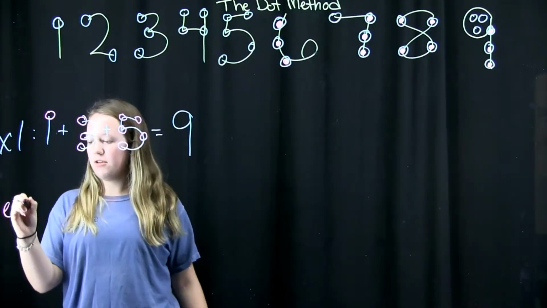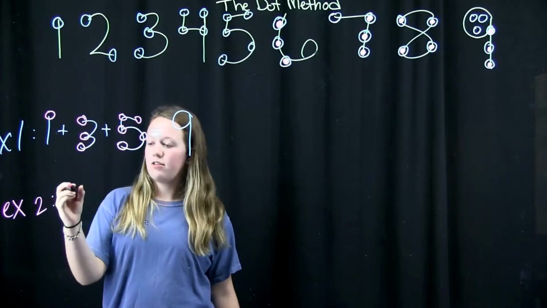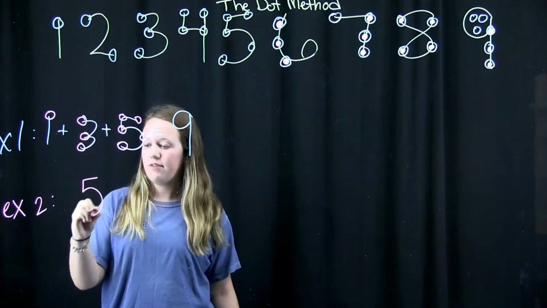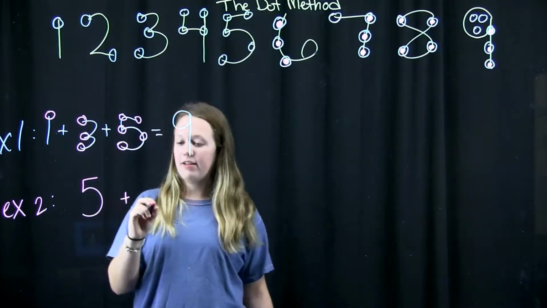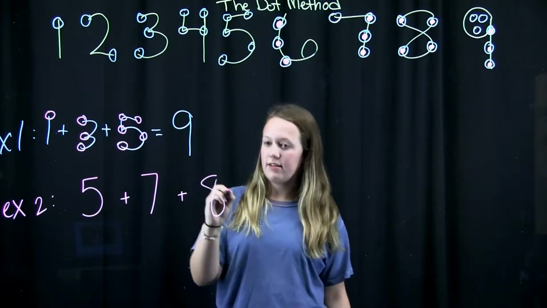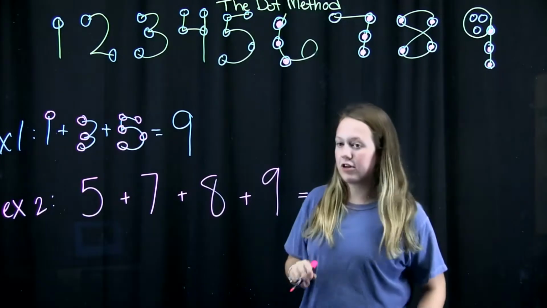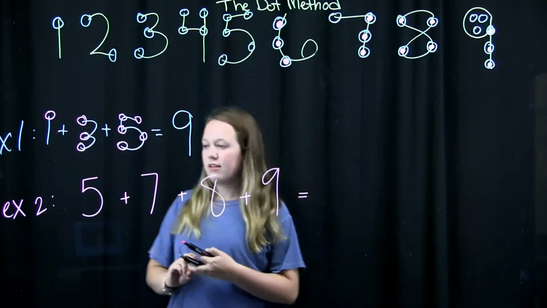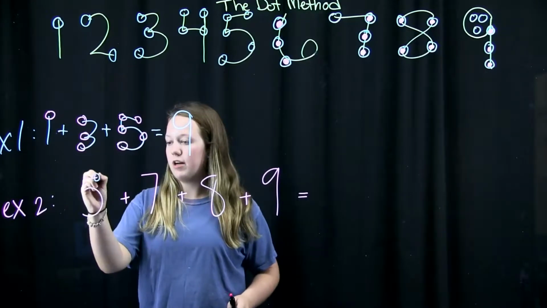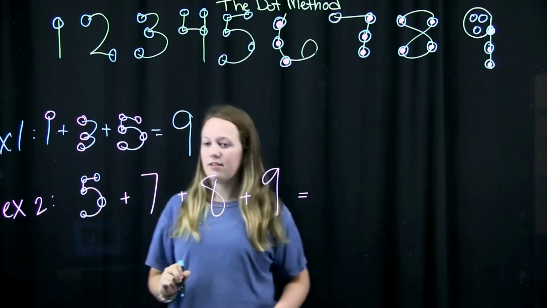For example 2, we're going to add some bigger numbers to get better practice. So we're going to do 5 plus 7 plus 8 plus 9. Then we're going to go back and add our dots. So for 5, we're going to have 1, 2, 3, 4, 5 dots.